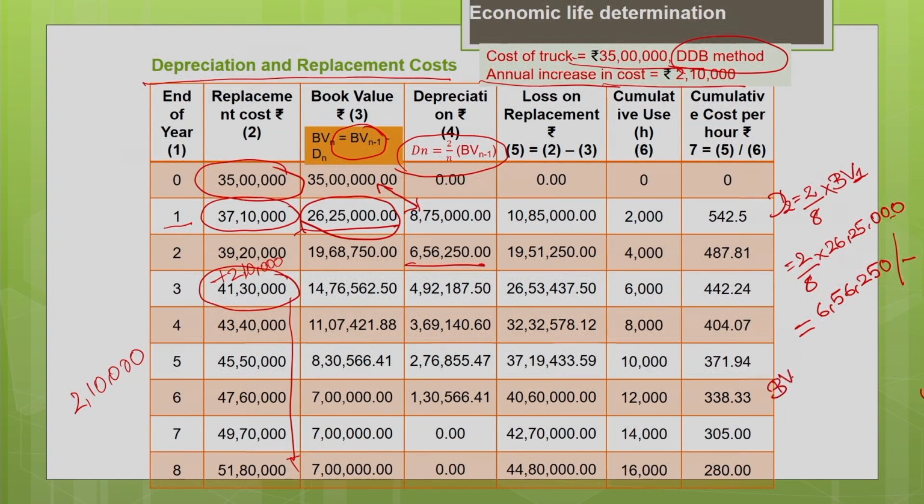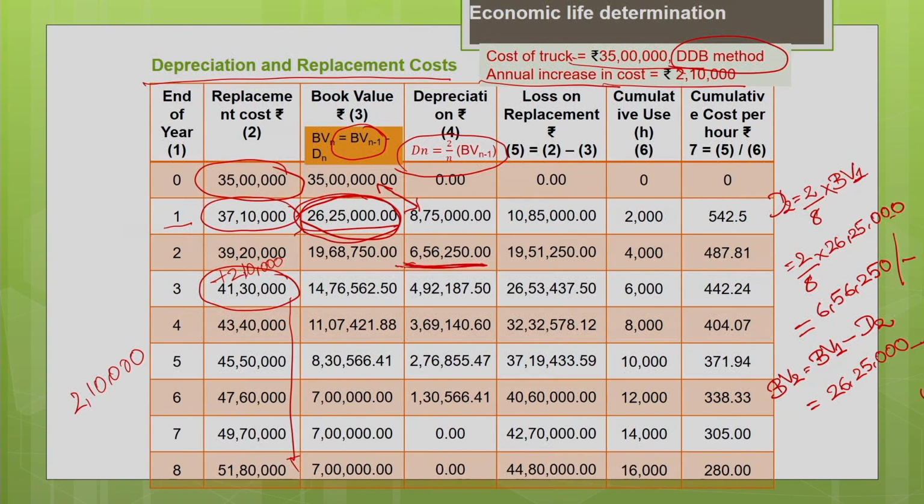Now, book value for the second year is nothing but book value at the beginning of the second year, or book value at the end of the first year, minus depreciation for the second year. What is the book value at the end of first year? It is nothing but 26 lakh 25,000 minus your depreciation for the second year.